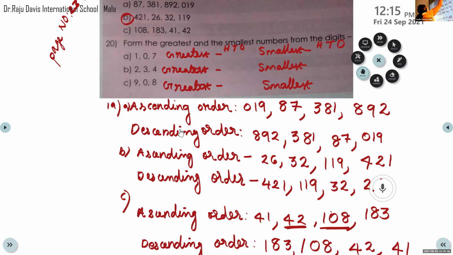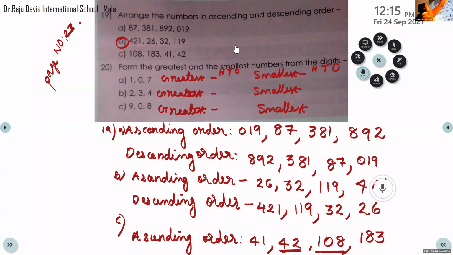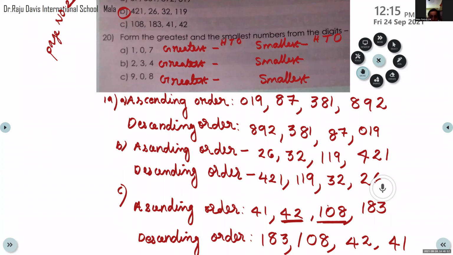So let us do the first one. 107. Which is the greatest digit? 7. That we have to write in the hundreds place. Please wait.